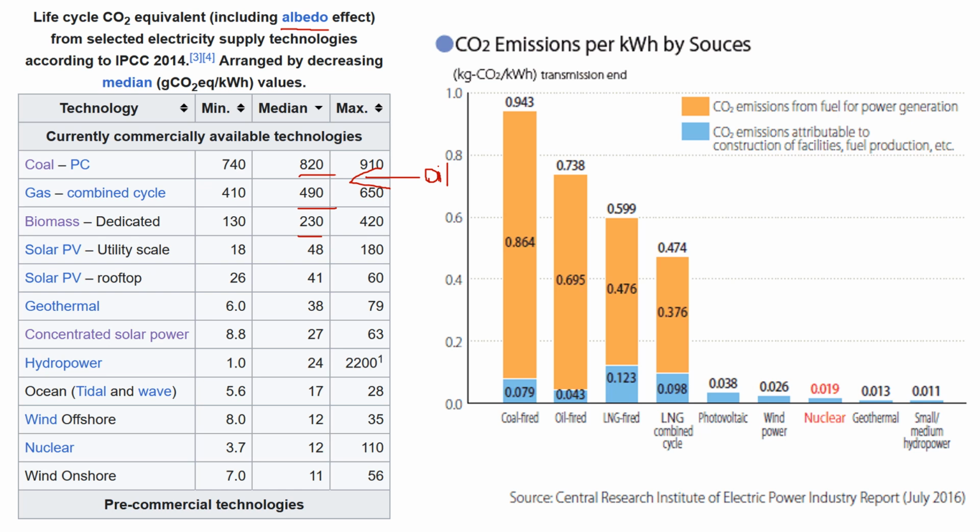We see the same thing on the diagram on the right, but in a chart form, a graph, and we see oil right there. That's an oil-fired power plant, so not talking about transportation, but power plants.